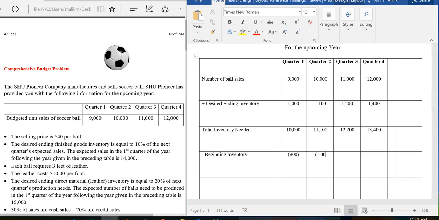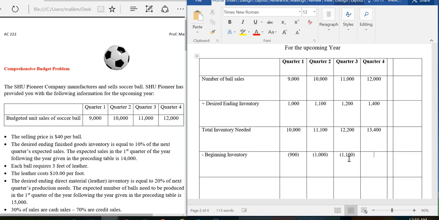So now I'm subtracting Q2's beginning inventory, which is exactly Q1's ending inventory. For Q3, it will be Q2's ending inventory. So Q3's beginning inventory is Q2's ending inventory, which is given as 1,100.